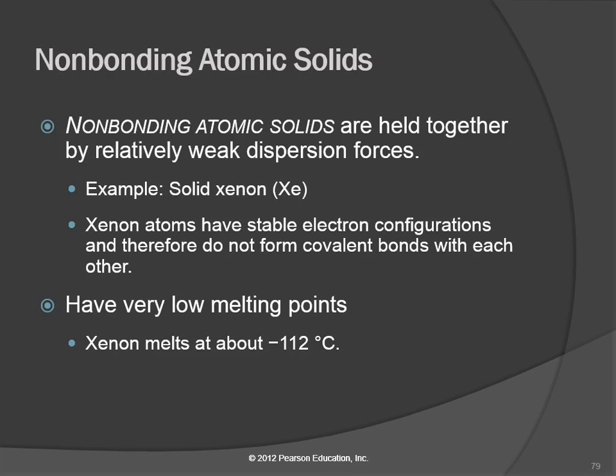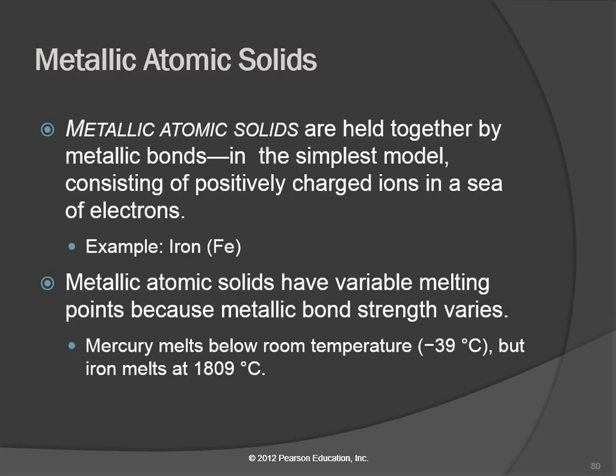The non-bonding solids have low melting points, like xenon melts at minus 112. So it's a gas at room temperature. Metallic solids are held together by metallic bonds. And metallic bonds are kind of hard to describe.